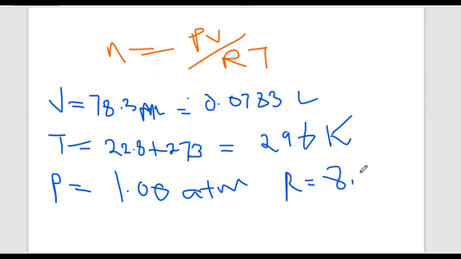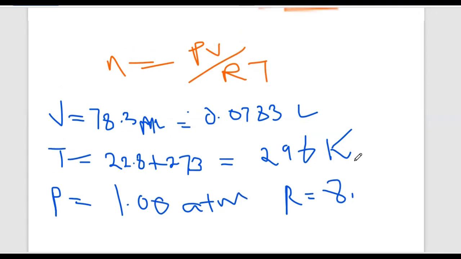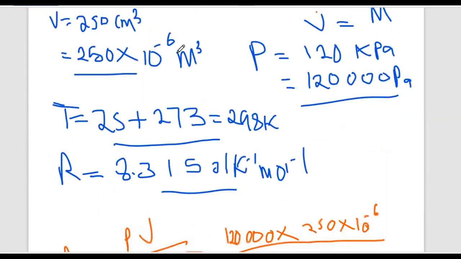What is the R, guys? I have to emphasize, the R that you use is dependent on the units that you have for the volume and the temperature. If I go back to the first question that we had here, the volume had these units, you can see, right?